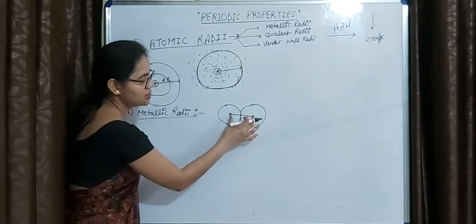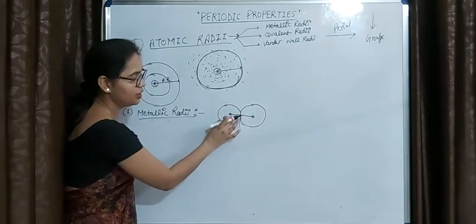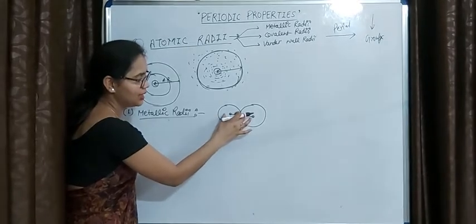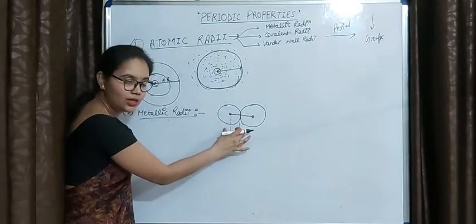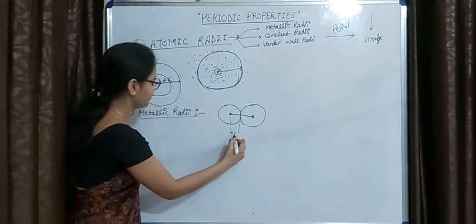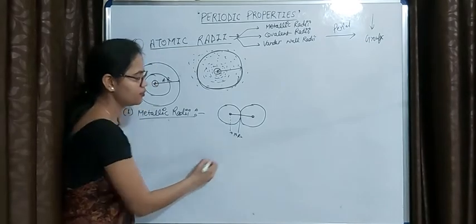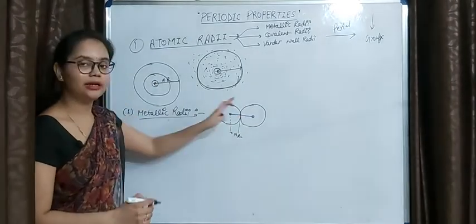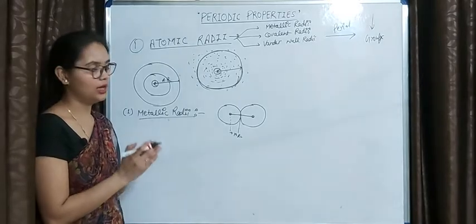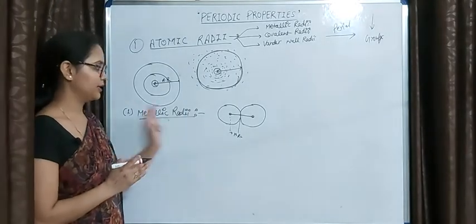If this is the internuclear distance between these two nuclei, then half of this internuclear distance would be the metallic radii, and these atoms are just adjacent atoms.